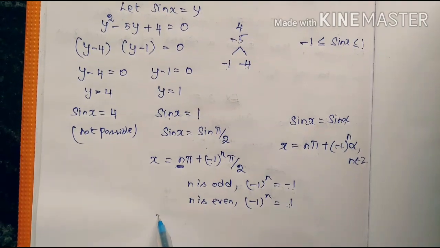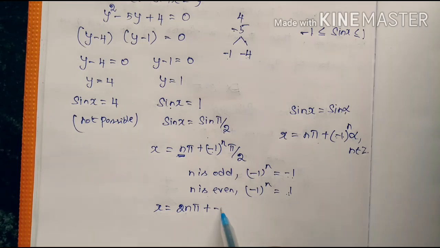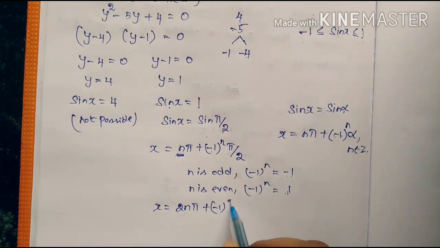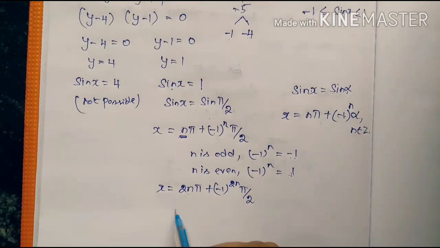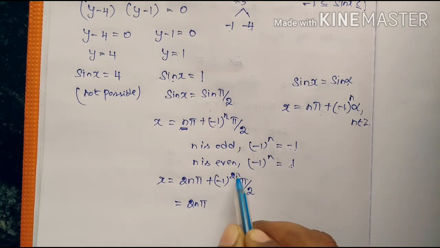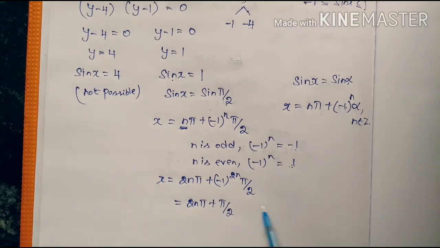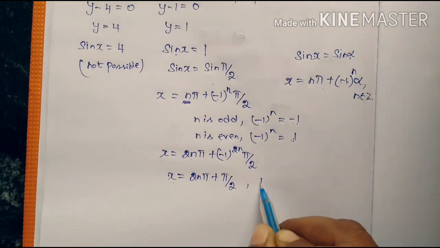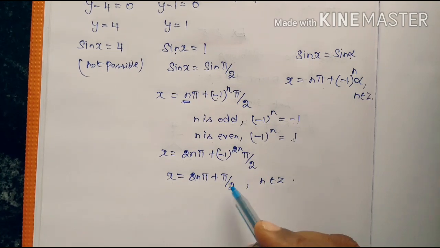So we can write x is equal to 2n pi plus minus 1 the whole power 2n into pi by 2. The value of minus 1 the whole power 2n is 1. So we can write plus pi by 2. So x is equal to 2n pi plus pi by 2 for all n belongs to Z. So this is the modified answer for this term.